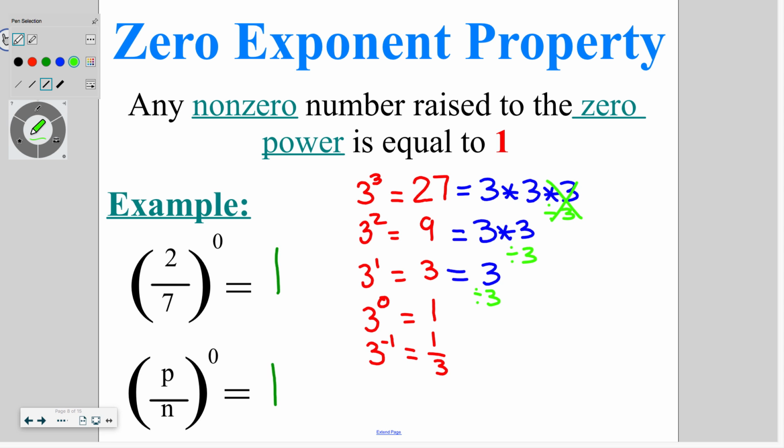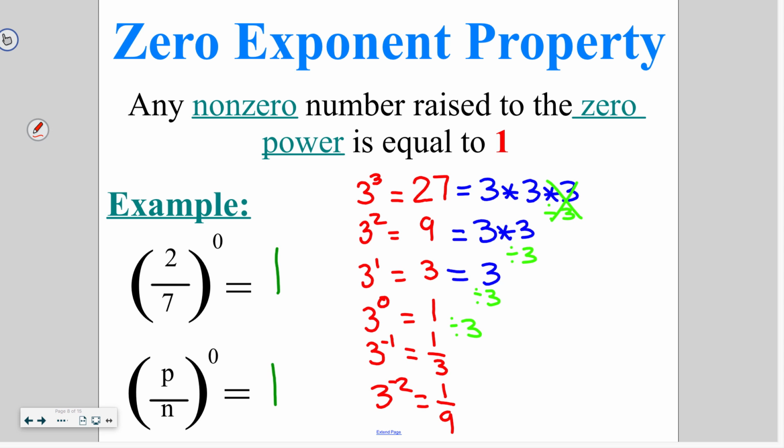Again, this is because I divided by 3 as I am moving down. If I go to 3 to the negative 2nd power, I end up with 1 over 9 because I divided by 3 again. And this is the same thing as saying I've got 1 over 3 to the 2nd power.